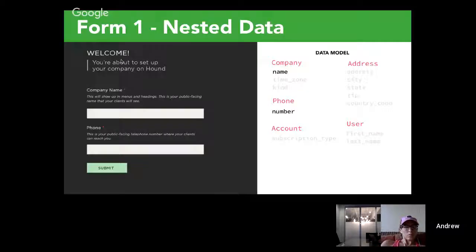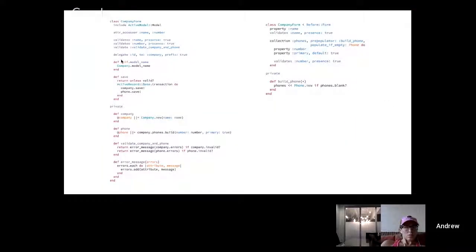Okay, so that's our first form. Pretty simple stuff, we're just doing two fields. There's a lot going on though. So that's kind of a comparison: the roll-our-own form is on the left, the Reform form is on the right, and you can obviously see that there's way less code to write in the Reform form.